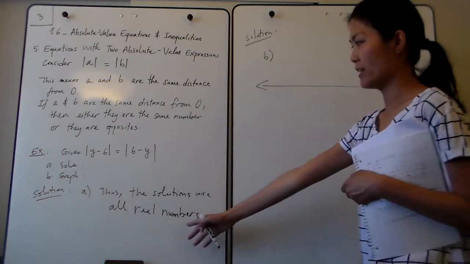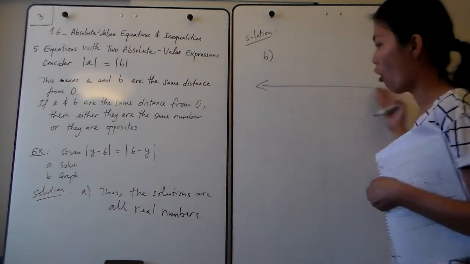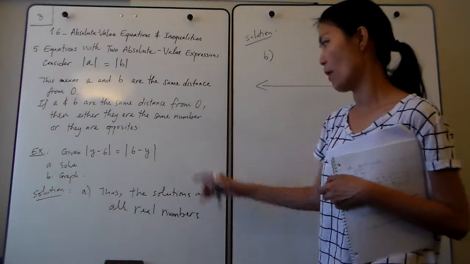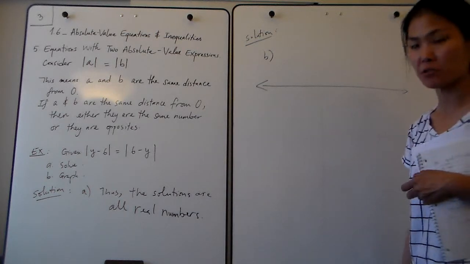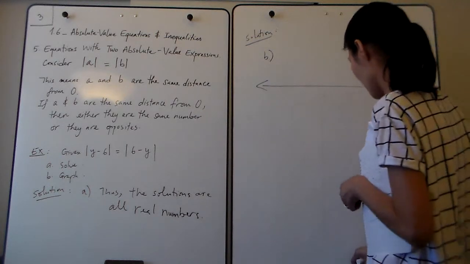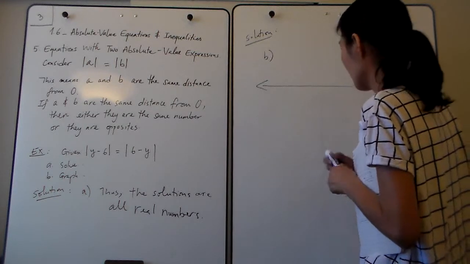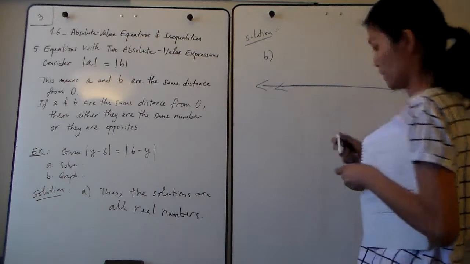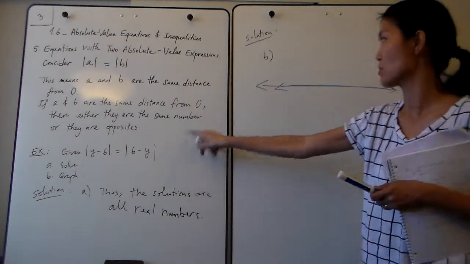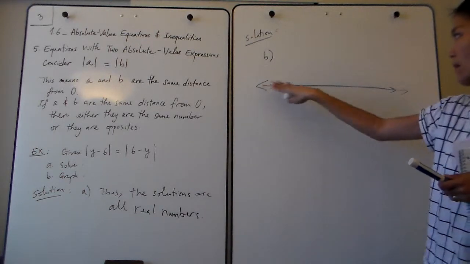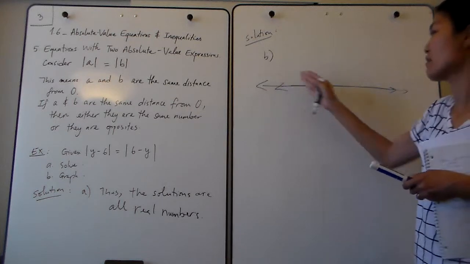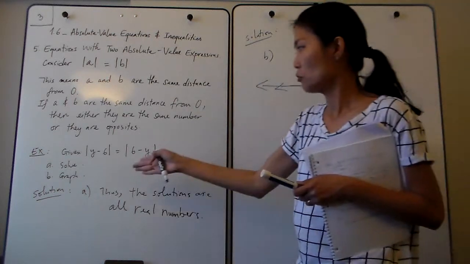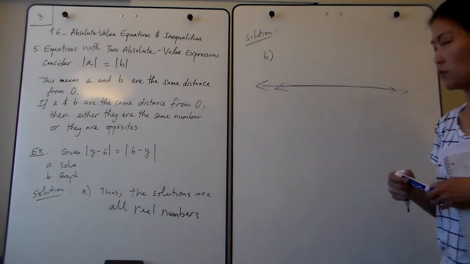So which points show all answers of this equation? All real numbers, right? So actually all solutions of this equation are on this number line. Okay? Every point on this number line is a solution of this equation.